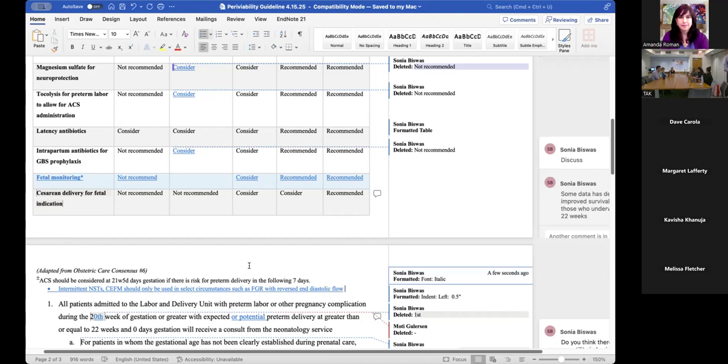What about magnesium? If they're on mag at 23 weeks, isn't it a rule to be on continuous monitoring? Should it? I mean, why? Sorry, for the FGR with reverse end-diastolic flow, I know this is all theoretical, but would this baby even be resuscitated?